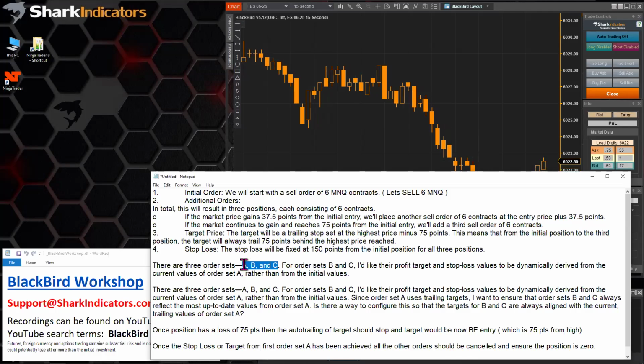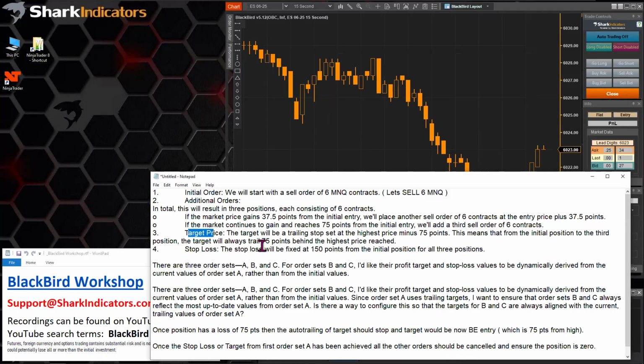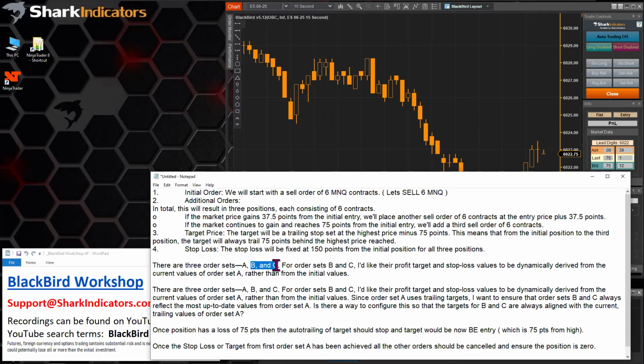So as we get the other two cost averaging entry points there, then our profit target will adjust based on price movement there, but then also, the other two scaling in contracts here, B and C, we want to make sure that the profit targets all line up here.